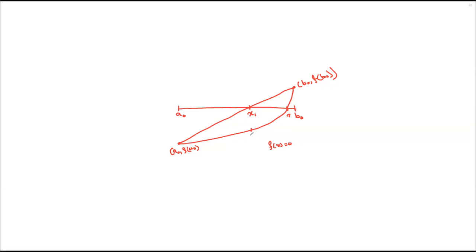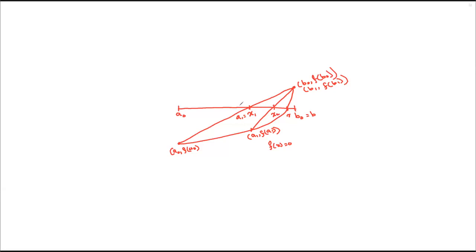Once you have this, now you define a1 to be x1 and b1 to be b naught, and again you consider a1, f of a1, and now this will become b1, f of b1. Again draw the line joining these 2 points and take the point of intersection of this line with the x-axis as x2.